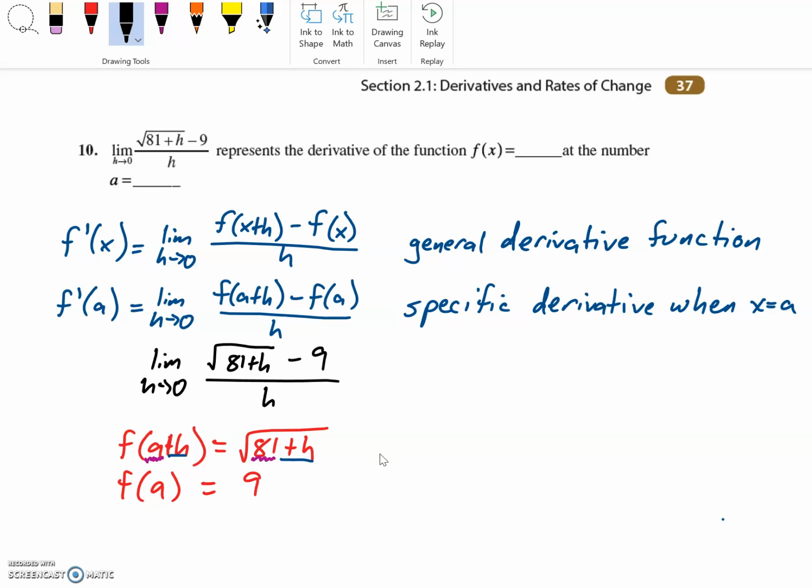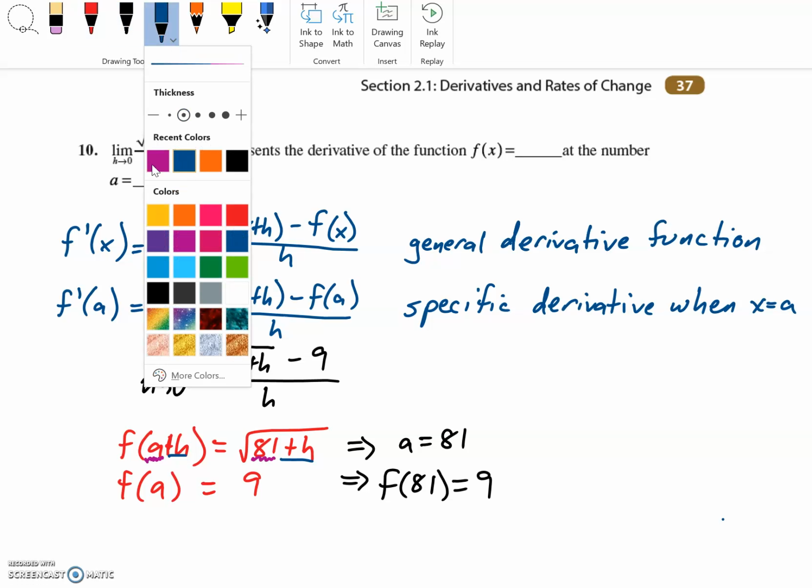So this was the part where we said, oh, okay, cool, a has got to be 81. So what that meant was f of a is really f of 81. That's equal to 9. So we did say this in class, that a is 81.